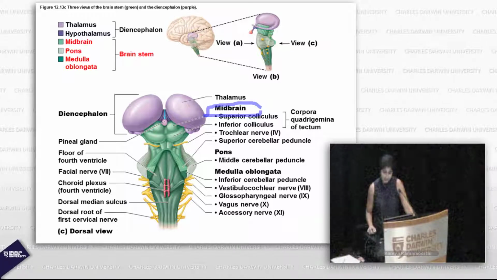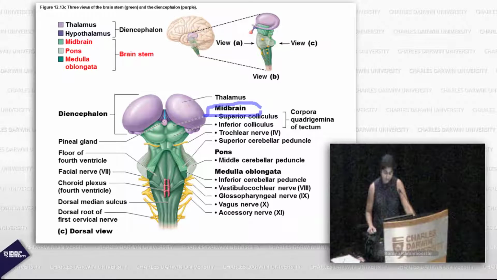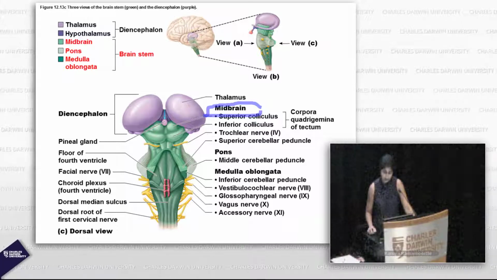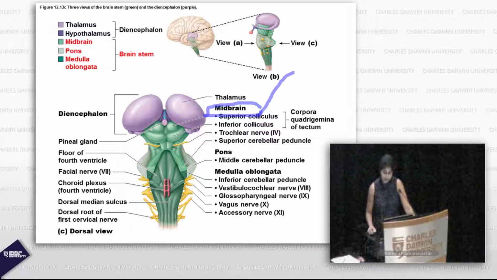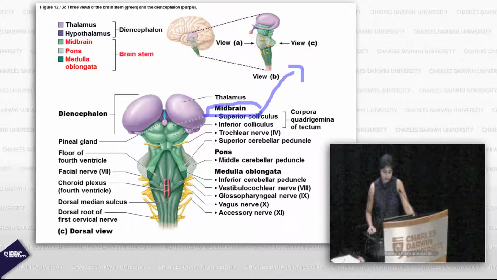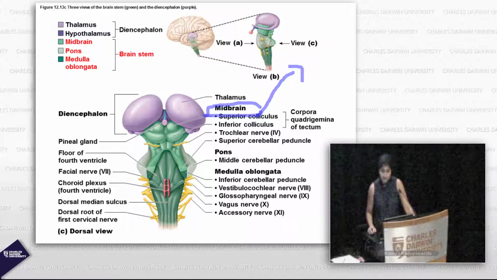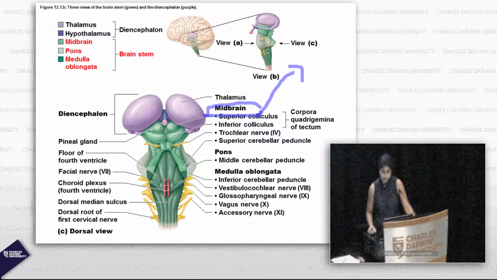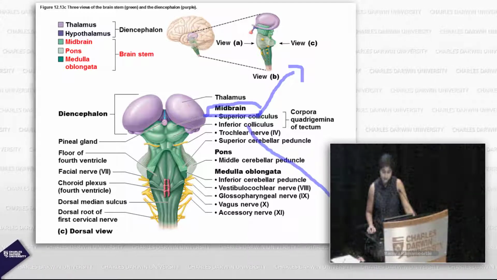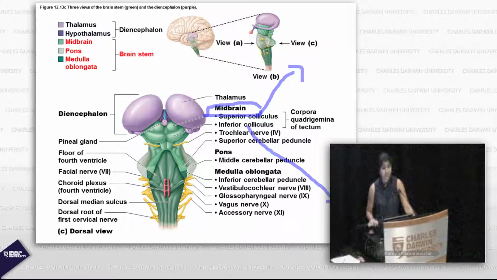The superior colliculus controls your visual reflexes, and the inferior colliculus acts as an auditory relay station.